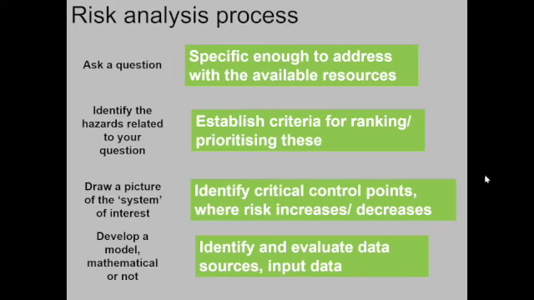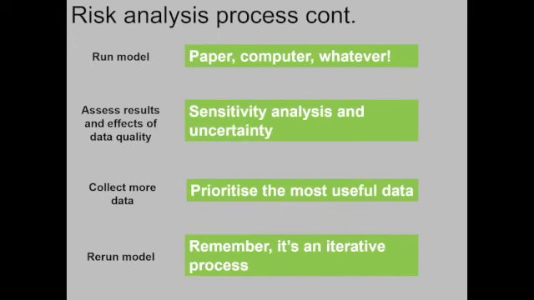What we're going to be doing this afternoon, in the next session, is part 3: drawing a picture of that system and identifying critical control points, and I'll discuss those in just a moment. Then it won't be a mathematical model, but we'll develop a model that identifies, for each different situation and scenario, where we need to evaluate the data sources, identify data gaps, and where we need to input data.